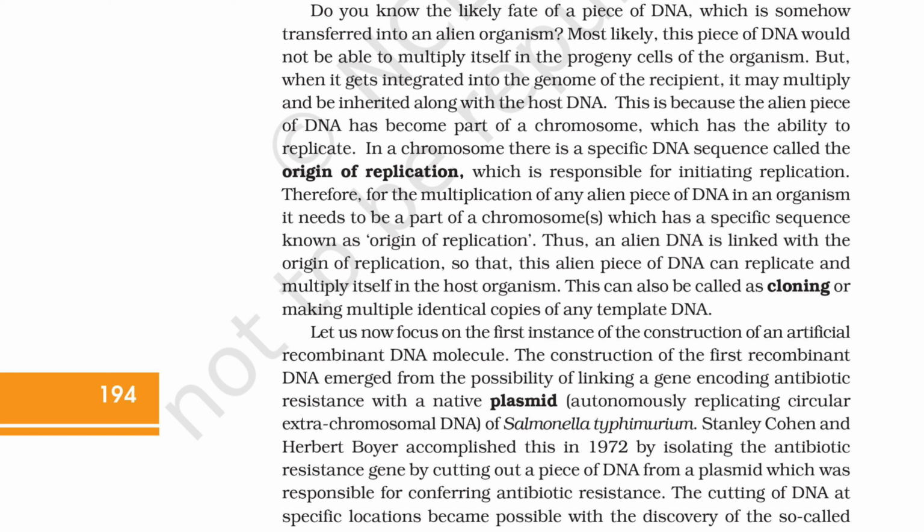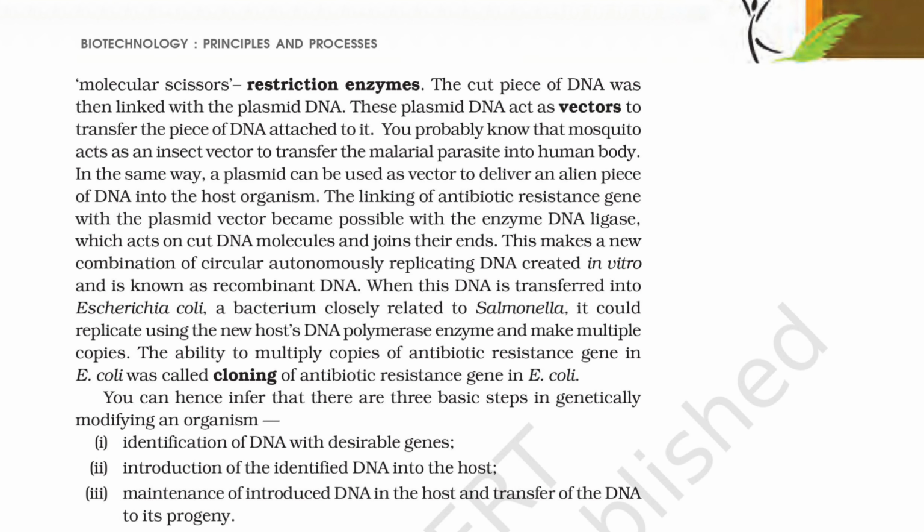Stanley Cohen and Herbert Boyer accomplished this in 1972, by isolating the antibiotic resistance gene by cutting out a piece of DNA from a plasmid which was responsible for conferring antibiotic resistance. The cutting of DNA at specific locations became possible with the discovery of the so-called molecular scissors, restriction enzymes.